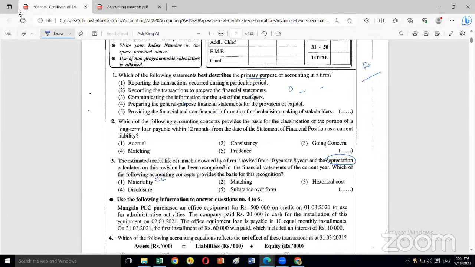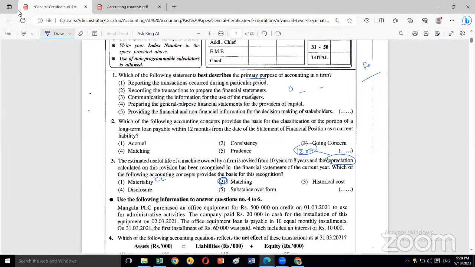I'm not explaining the concept here in detail, I'm just giving you an idea. Depreciation is an example of an expense. For all the expenses, what is the concept? Matching concept.